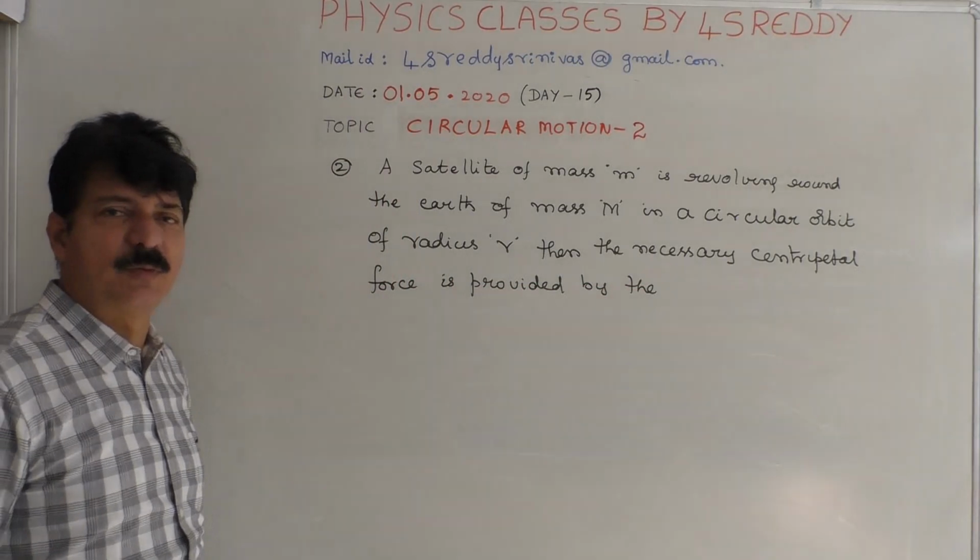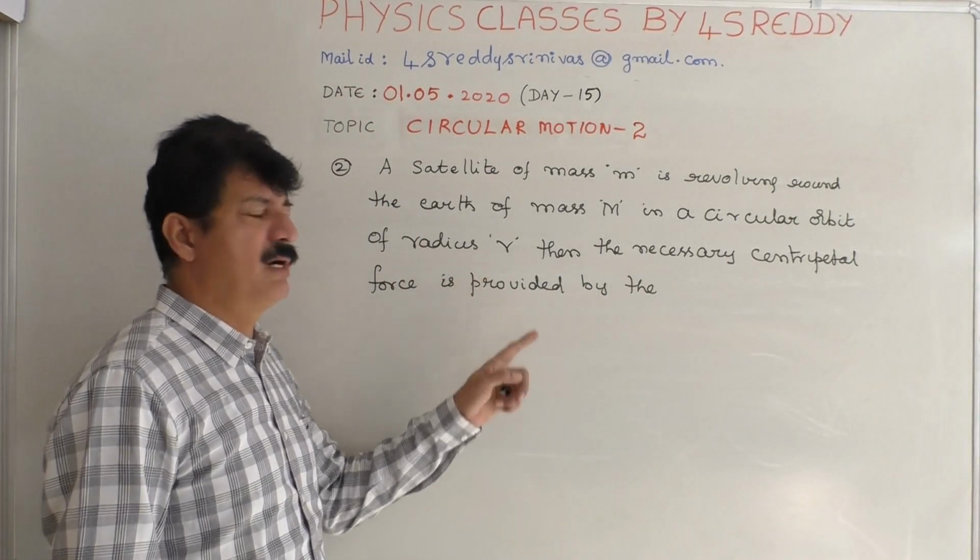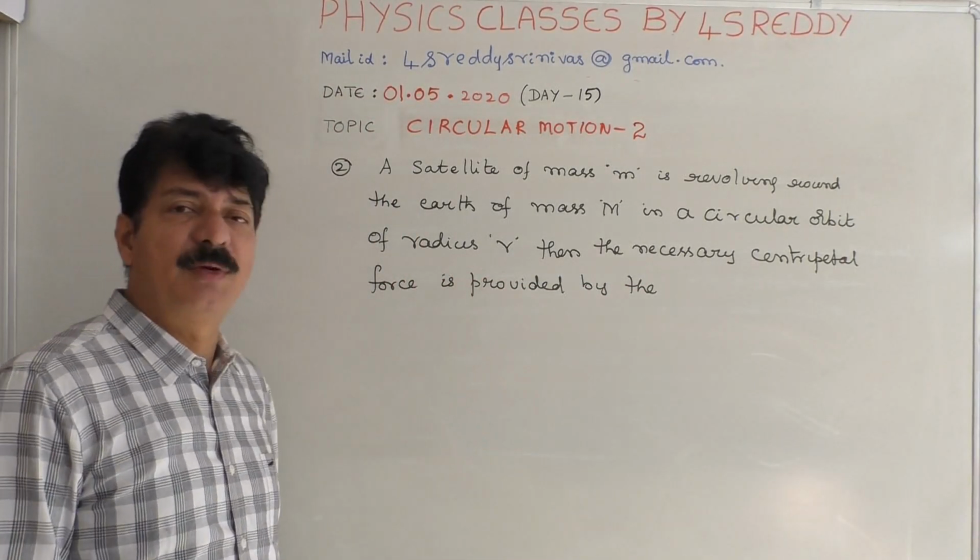A satellite of mass small m is revolving around the earth of mass capital M in a circular orbit of radius small r.